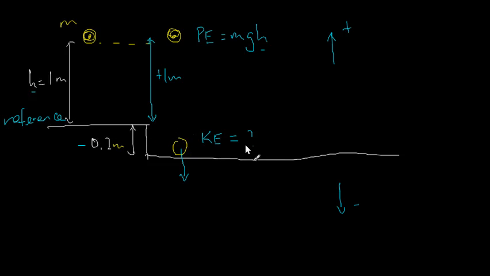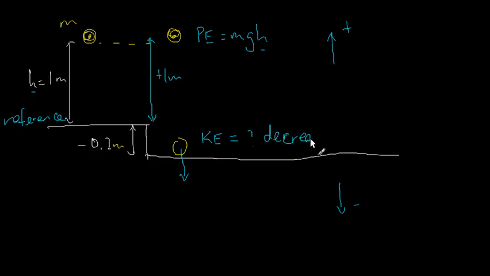So to find the kinetic energy when the ball moves from one height to another, the formula is to find the change, or rather, in this case, I'll find the decrease.